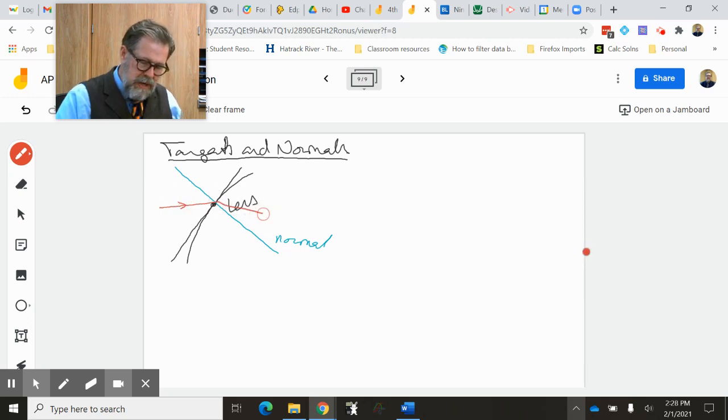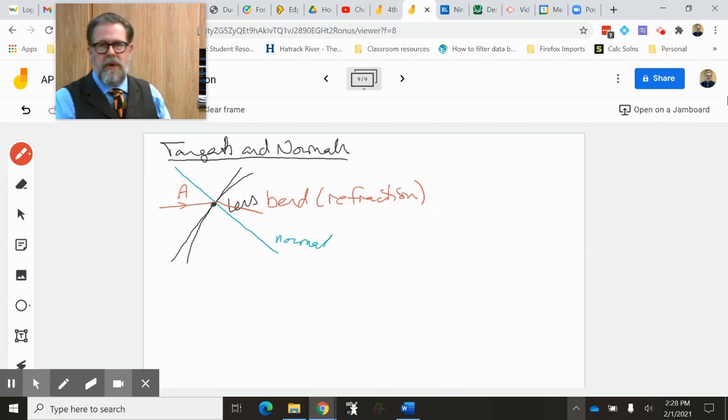The bend in the light, which is known as refraction, is calculated using this angle right here, the difference between the normal at that point and the incoming light. So this is one that is used quite a bit in calculations.